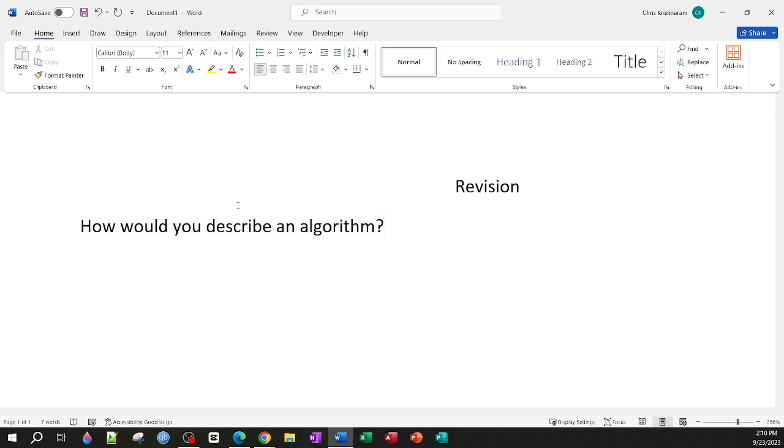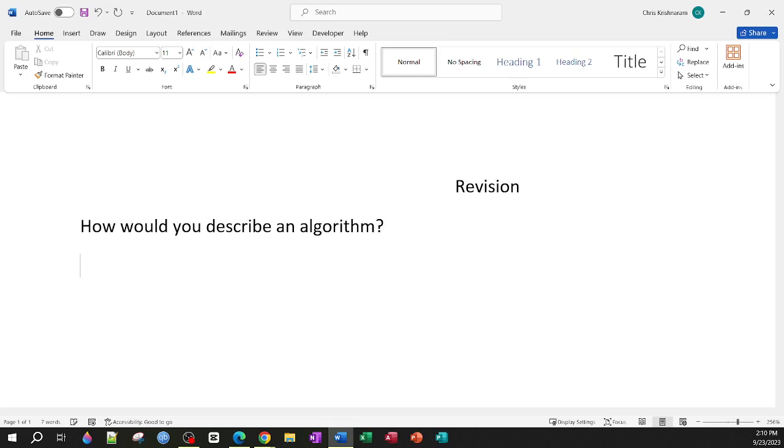Good. Anybody else want to try? Anybody else want to add? Or it could be like a set of instructions. Mm-hmm. Good. So a process, a set of instructions, a series of steps, however you want to describe it.